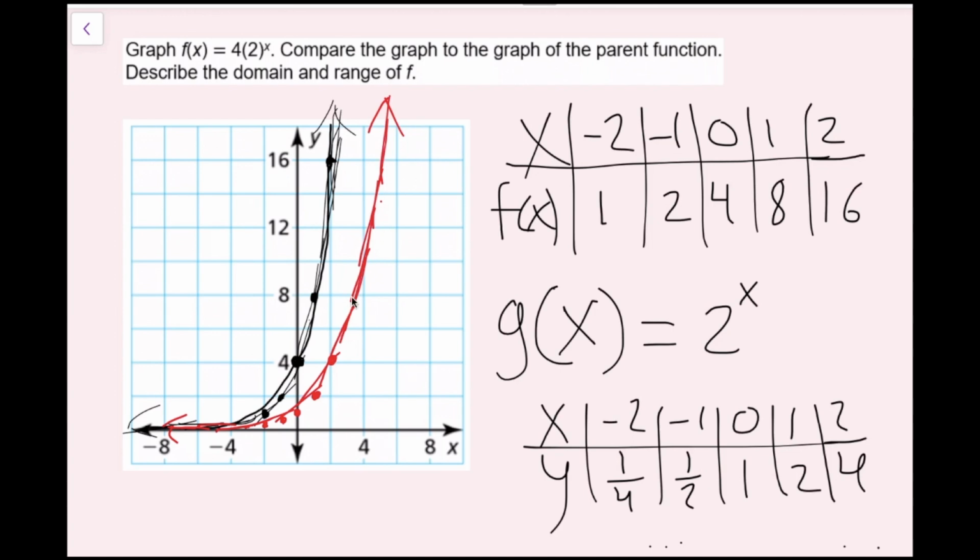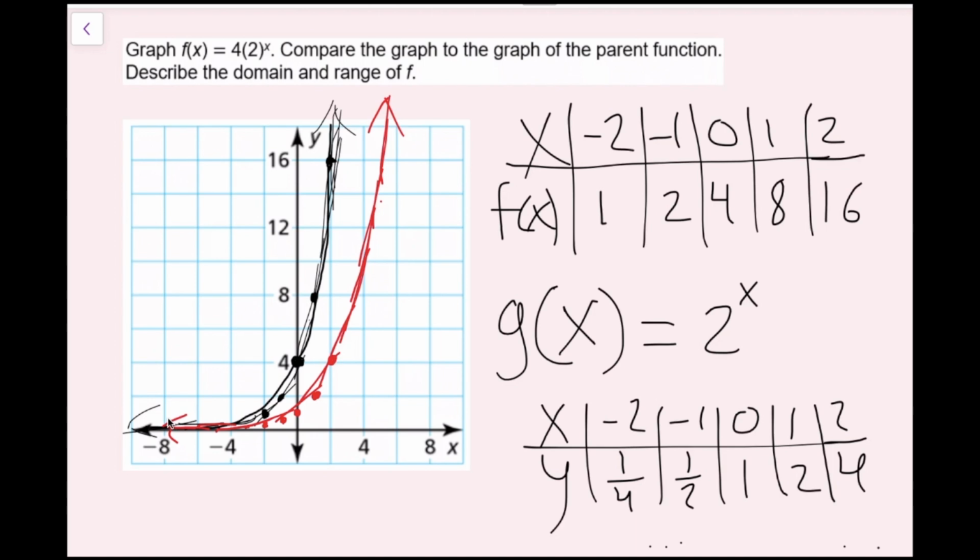Okay. Now I need to describe the domain and the range of this function. Okay, and the original function here. Well, the domain is all real numbers. I know I can pick any number to plug in for x here, but the range, as you see, this is going towards 0, but it's never going to cross 0. You can keep plugging numbers in to x, but it's never going to make it 0 or negative.